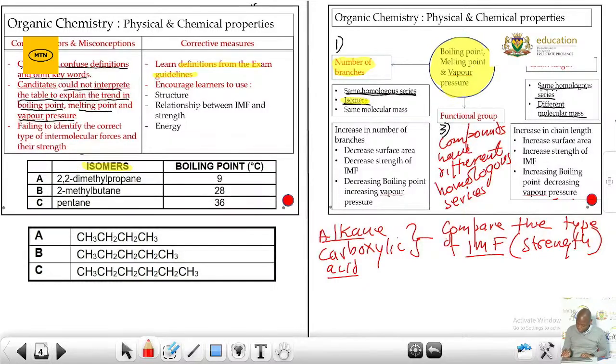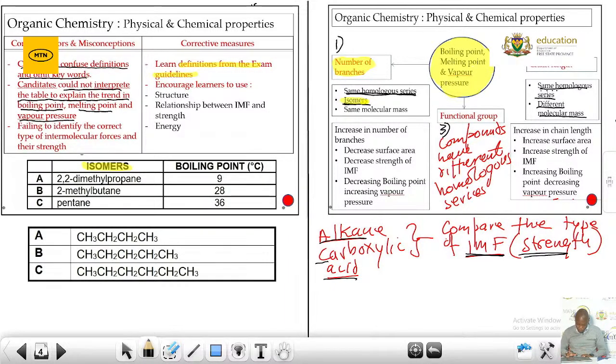So because of that, I need now to compare the strength of intermolecular forces and conclude also to say carboxylic acids are stronger than alkanes. So it basically says once I am comparing in terms of functional group, compare the type of intermolecular forces and also conclude in terms of the relative strengths thereof.